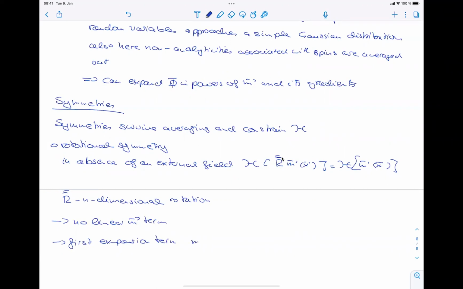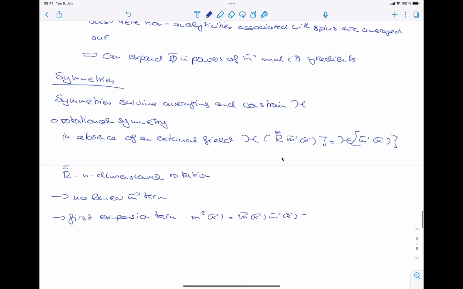is thus the m squared, which I can write as m times m, or individually as the sum over components. This is just to introduce notation, because notation is going to get more involved, but not today.